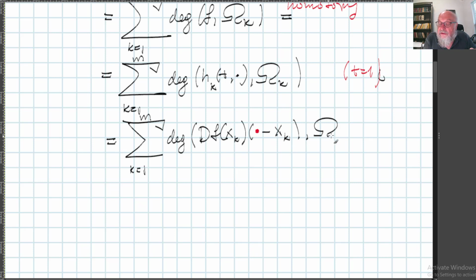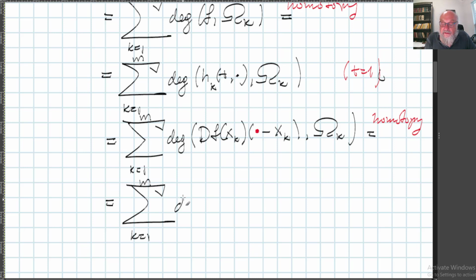And again by homotopy, so this one is equal by homotopy, again homotopy. So I put here additional homotopy. I just put it like that, so this will be equal. This is k is equal 1 to n. This is the degree, and this is df of x.